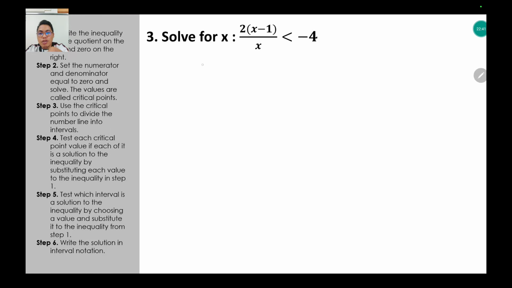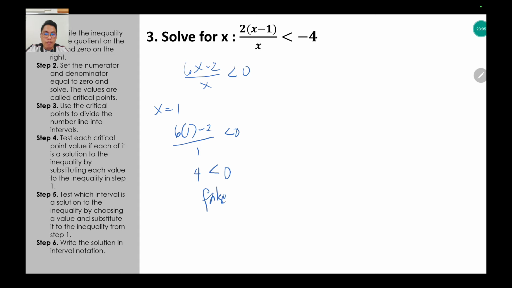Ang ating equation for this is 6x minus 2 over x less than 0. So we solve for x equals 1. So we have 6 times 1 minus 2 over 1 less than 0. So we have 6 minus 2, that's 4 less than 0. This is false.